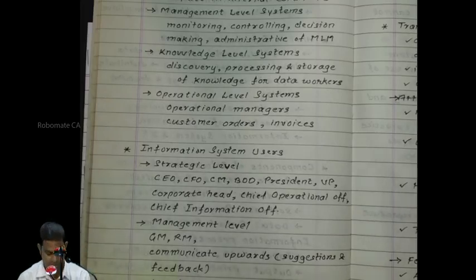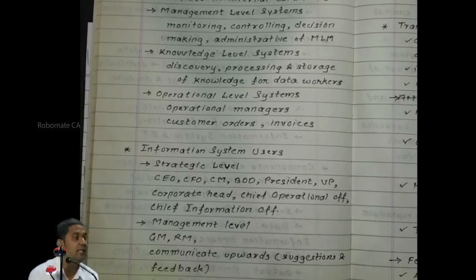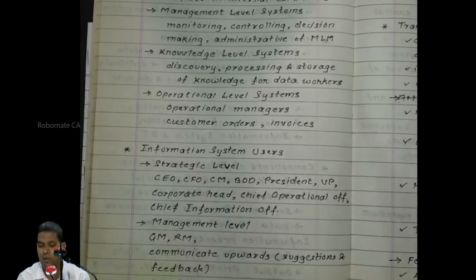And last but not the least are the operational level users. I said they are the operational managers, the process owners. I have used this word very often, process owner. That's nothing but the person responsible for a specific process. Supervisors lie just below these operational managers, because they are the people who get the work done from the employees.